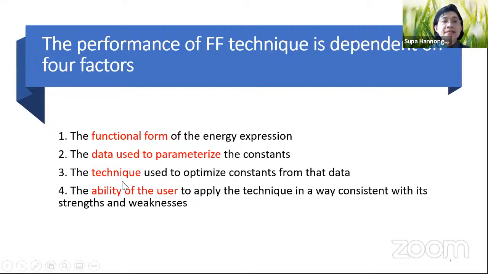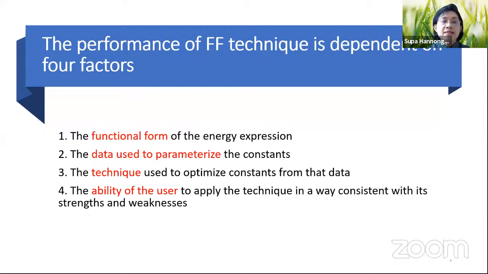And the next is the technique that we use to optimize the constants. If you use a fitting equation, a very good linear relation equation that fits well, you can obtain good constants. So it depends on the data and the technique.